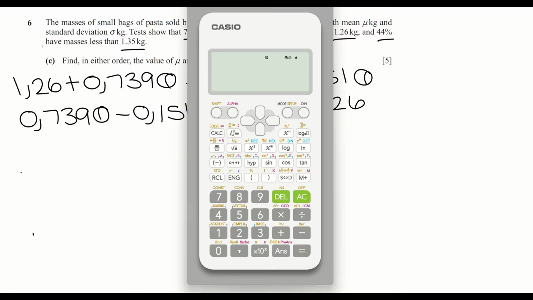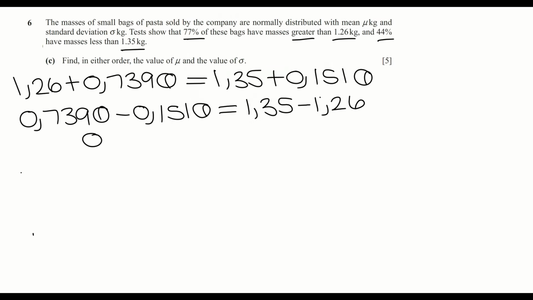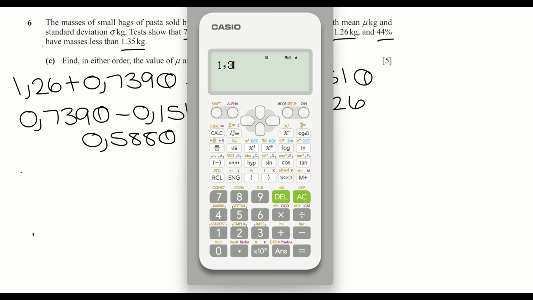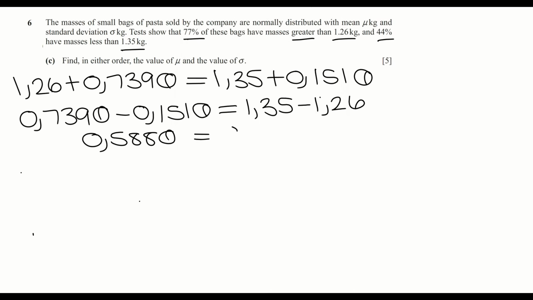And now I can add like terms. So I can take my calculator and I can say 0,739 minus 0,151 is equal to 0,588. So on the left, I have 0,588 sigma is equal to 1,35 minus 1,26, which is equal to 0,09.